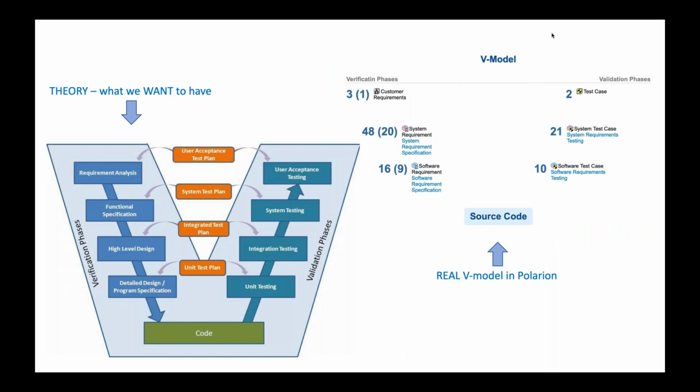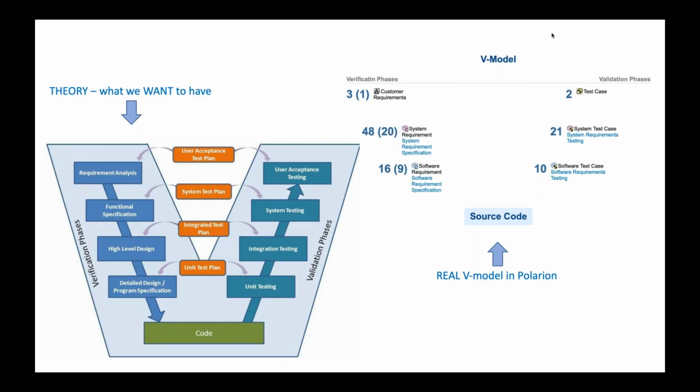The project is implemented as a V model, so you can specify your requirements from the top level to the low level requirements. You can add additional type of requirements, hardware, software requirements, and on the other side you can have different levels of test cases.